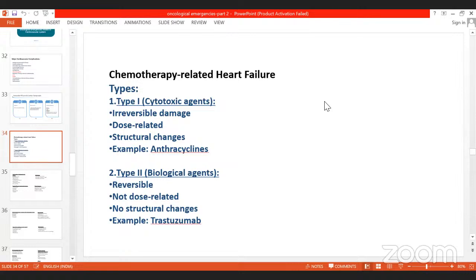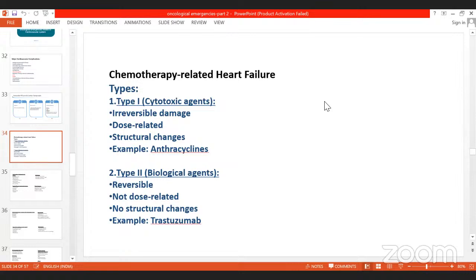And in type 2, we have biological agents, these are reversible and they are not dose related, and there are no structural changes. Example is trastuzumab monoclonal antibody, again, which we give for breast cancer and other cancers also nowadays regularly. And this trastuzumab has a reversible indication.